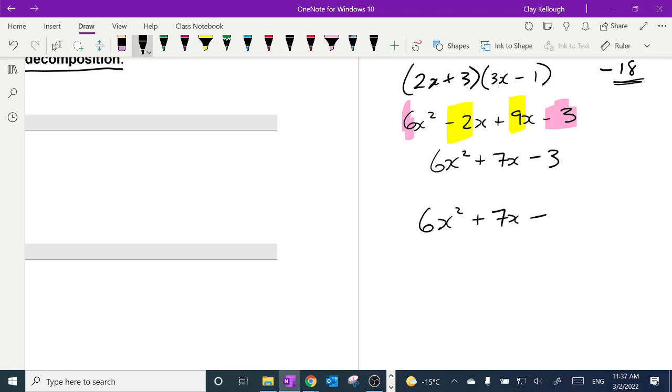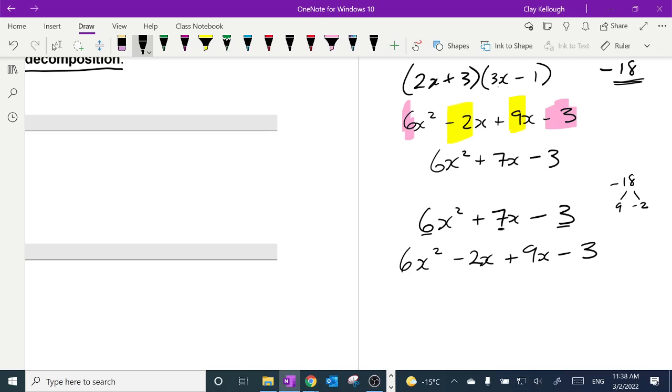If I want to factor this thing, I can decompose this 7 back into -2 and 9. Now, how did I know to do that? Well, I said, well, 6 times -3 is -18, and I said, what two numbers multiply to make -18? But when I add them, I get +7, and I'd get 9 and -2 very quickly.